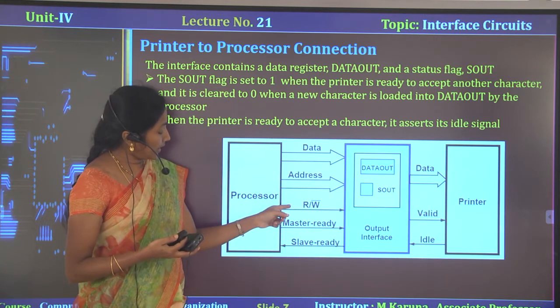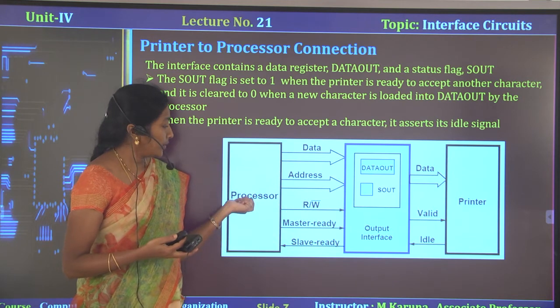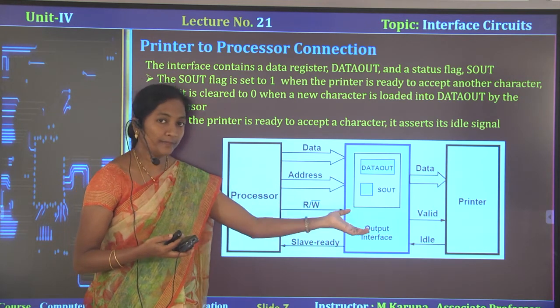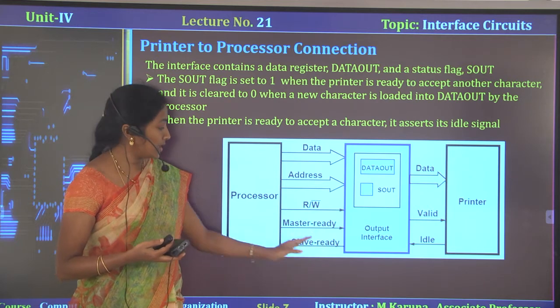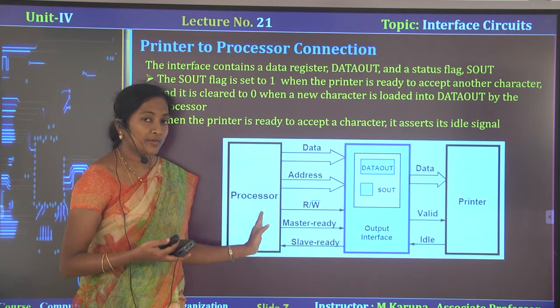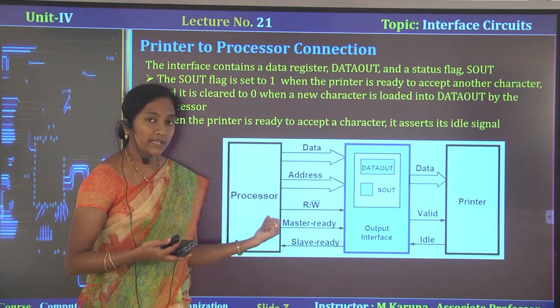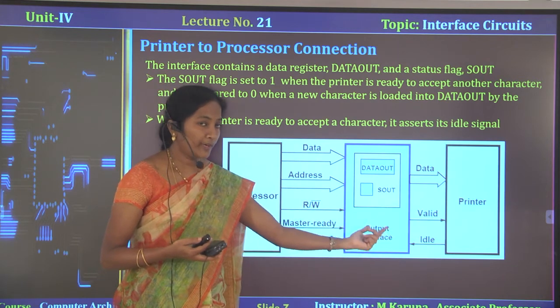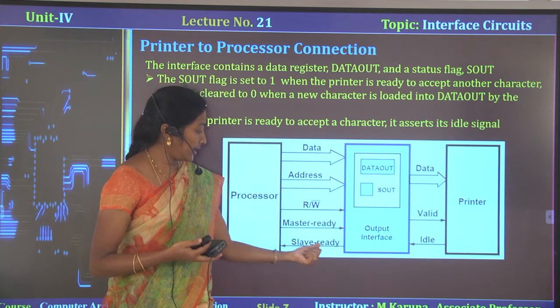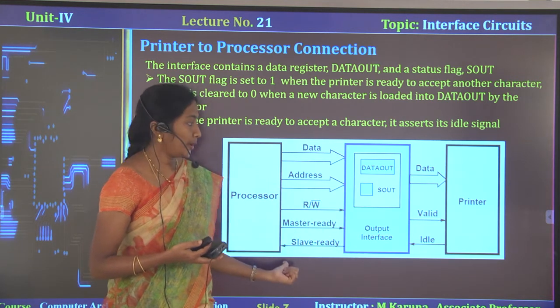The read write signal is the control signal. Before performing the write operation, the processor sends the write signal to the printer. These are the handshake signals. Whenever the processor is ready to send data to the printer, the master ready signal is issued by the processor. Whenever the printer is ready to print the data, the slave ready signal is issued by the printer to the processor.